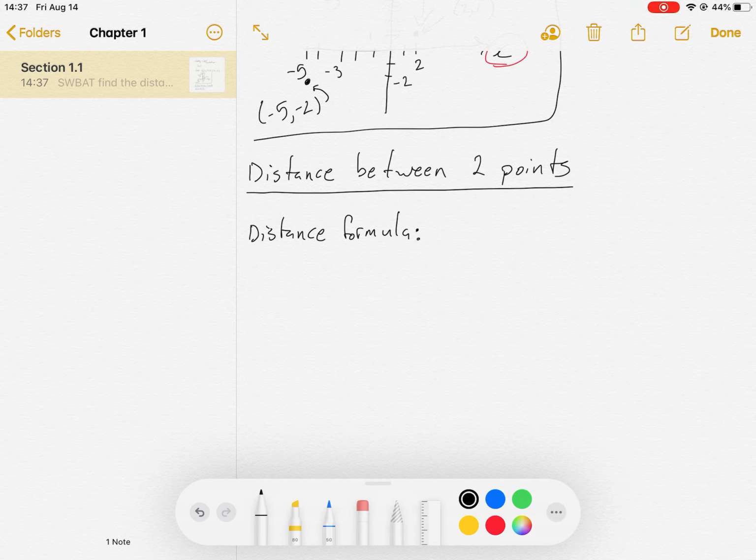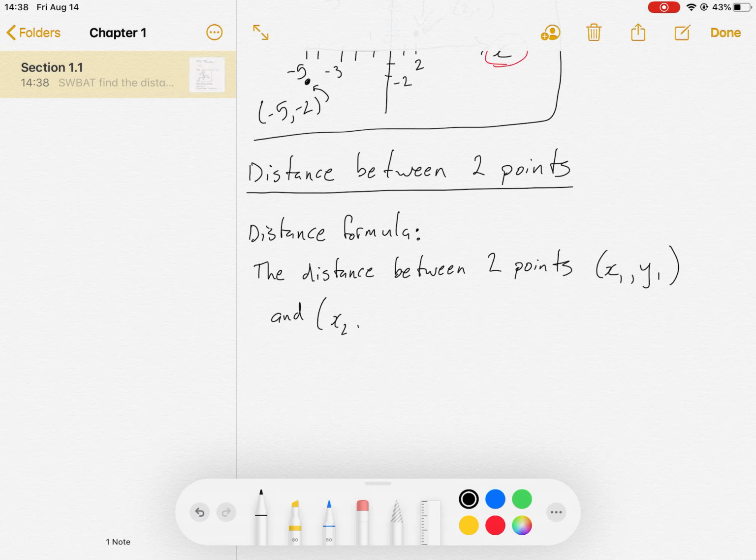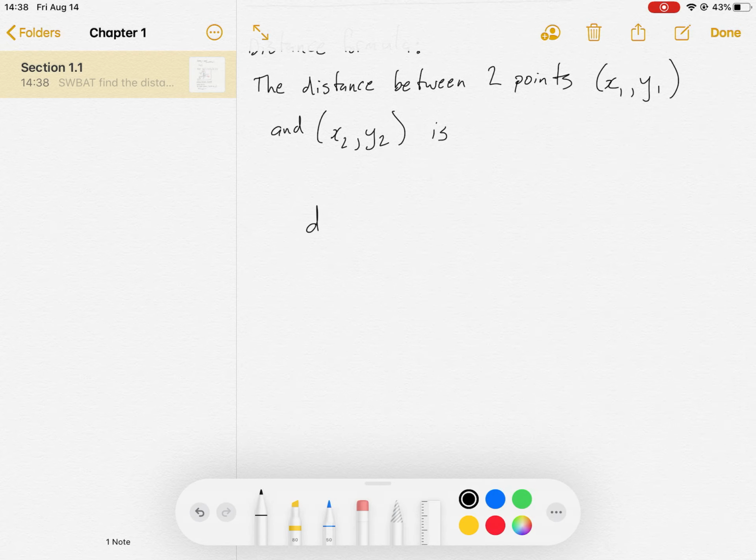So the distance formula is, the distance between 2 points, which we'll call point 1, we'll have an x with a little 1 next to it, x1, y1 for point 1, and the next one, x with a little 2 next to it. Hopefully that's familiar. If not, please let me know. So the distance between these 2 points is given as d equals.